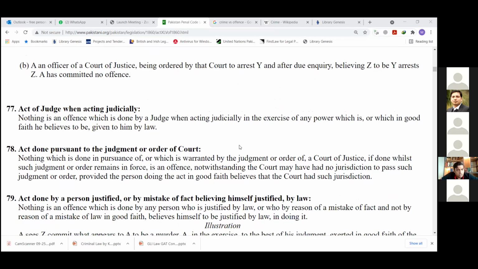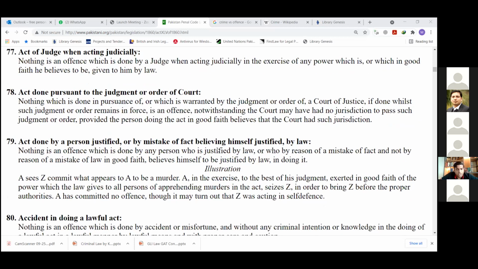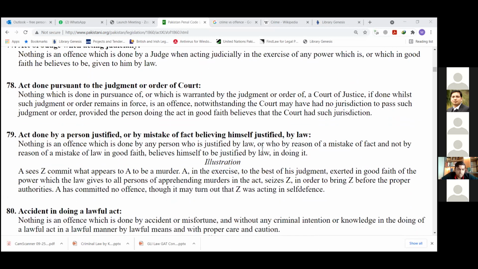Act of a judge when acting judicially: no act of a judge when acting judicially is an offense. Similarly, any action done by any person in pursuance of a judgment or order of the court is not an offense.